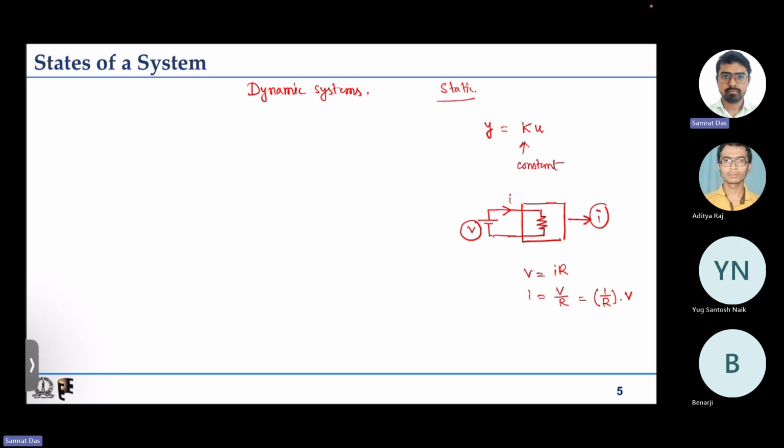In a dynamic system, the minimum set of internal variables, some of which may also be outputs, completely describes the present condition of the system.